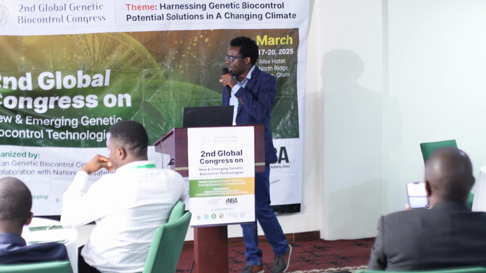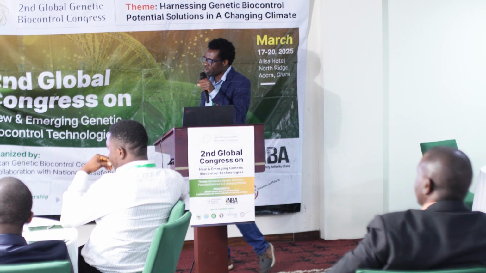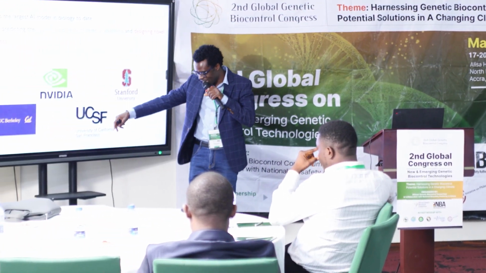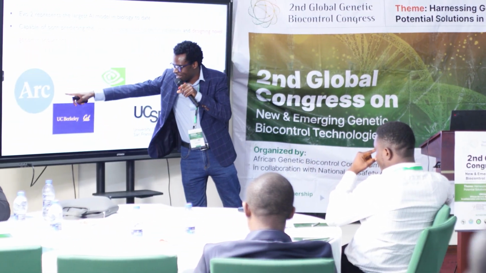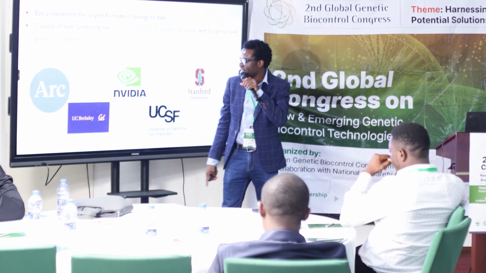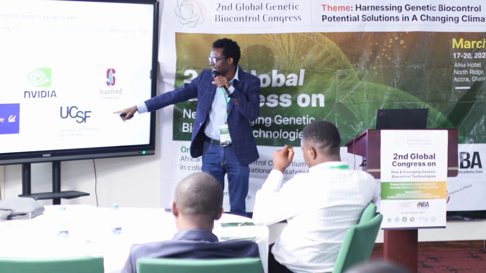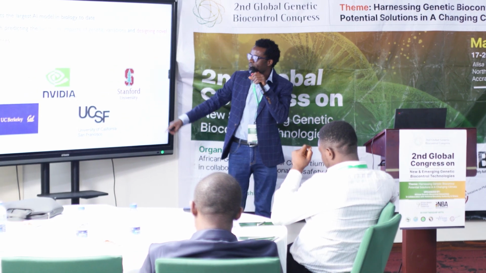So this tool, EVO2, was made by 5 organizations, but at the center of this was the Arc Institute, assisted by NVIDIA, the University of California, Berkeley, UCSF, and Stanford University.